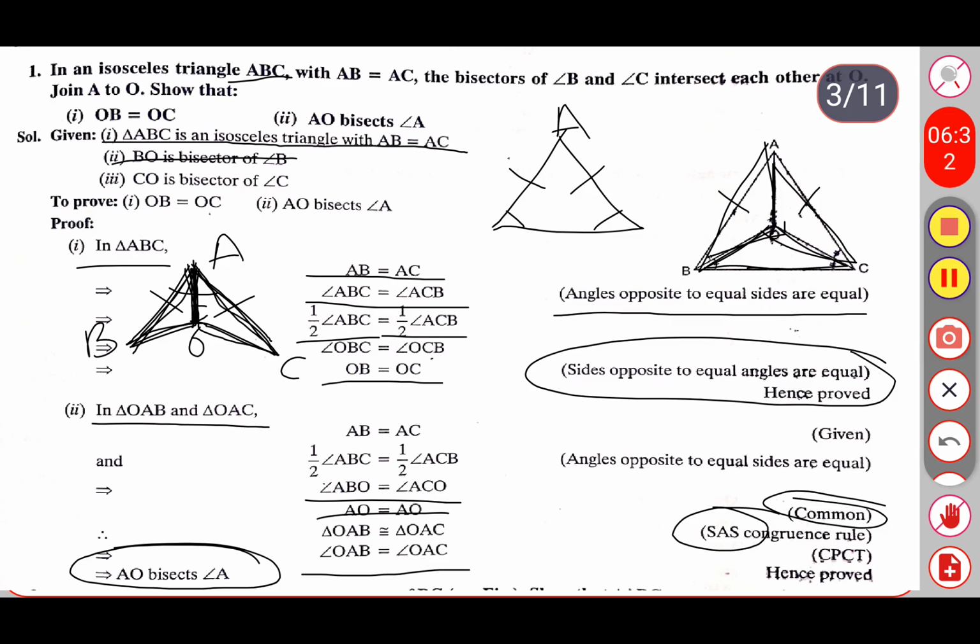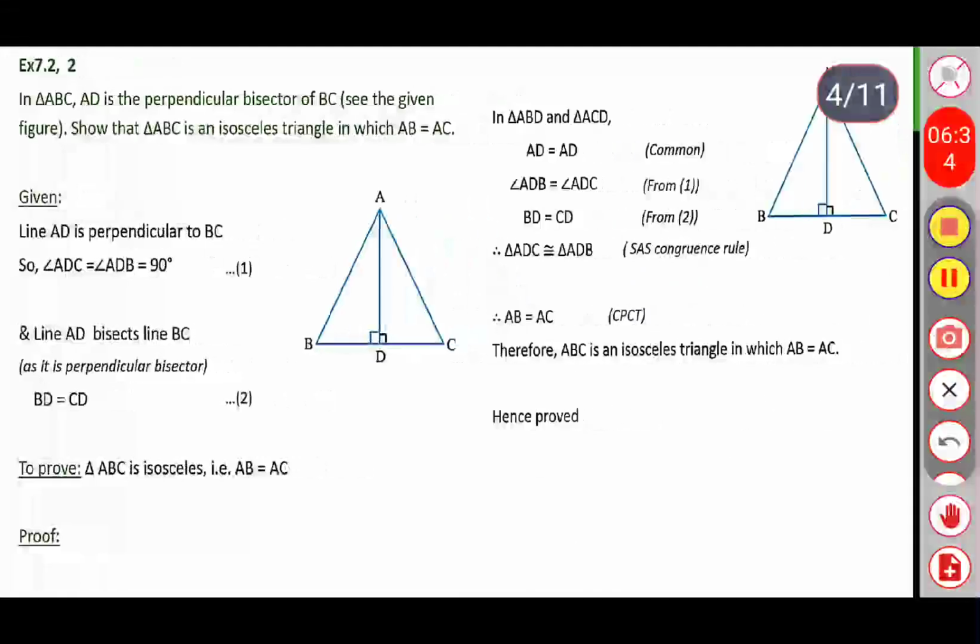Let's see the second question. What is the given data in the second question? First read the question. In triangle ABC, AD is a perpendicular bisector of BC. Listen here, AD is perpendicular to BC, as well as a bisector of BC.